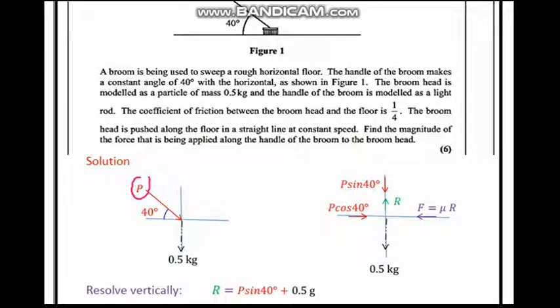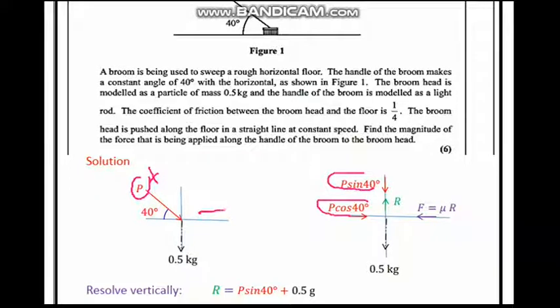This force that pushes the broom makes an angle of 40 degrees. So we write it as a horizontal part P cosine 40 and a vertical part P sine 40. So this P vanished now and comes in two parts, a vertical one and a horizontal one, in its direction, as you see.